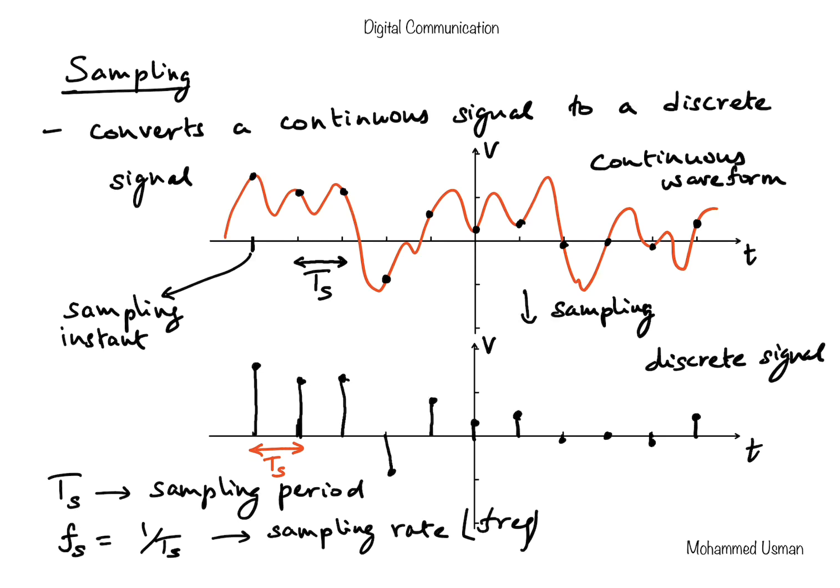The answer to this question is provided by what is called the Nyquist sampling theorem. It is a fundamental theorem in communications and information theory, and the Nyquist sampling theorem gives us the condition that should be followed in choosing the value of the sampling period and hence the sampling rate in order to be able to reconstruct the original signal from the samples.